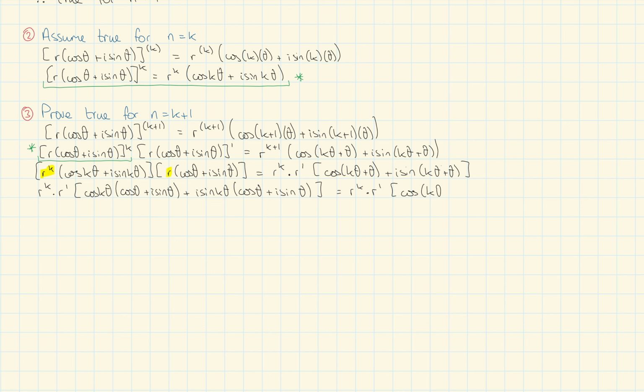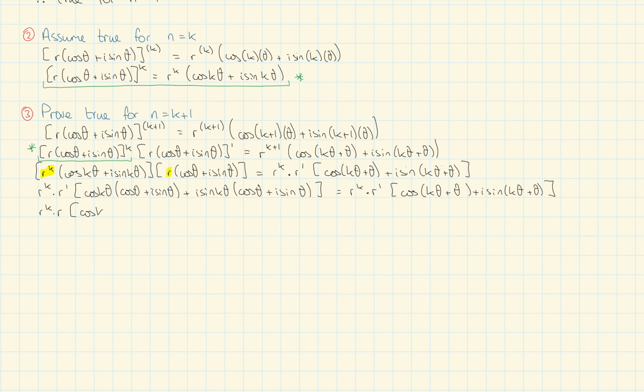So I'm just looking to multiply out, rearrange, rewrite my left hand side so it ends up equaling the right hand side. Okay, so this r to the power k by r, and again here a little bit of multiplying out.